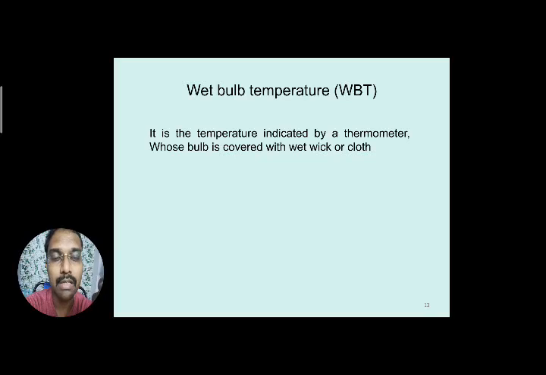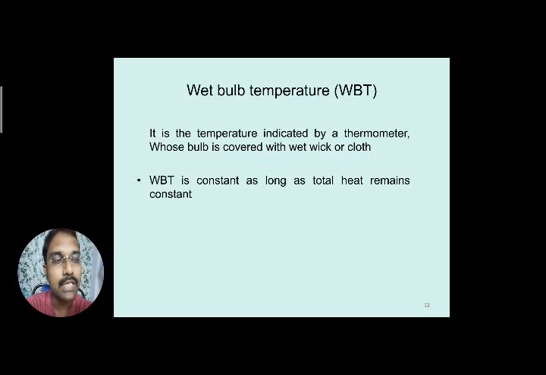When it is placed in the surrounding air, due to the presence of the wet wick or wet cloth, the temperature indicated by the thermometer may be a different one. That temperature is recorded as wet bulb temperature.